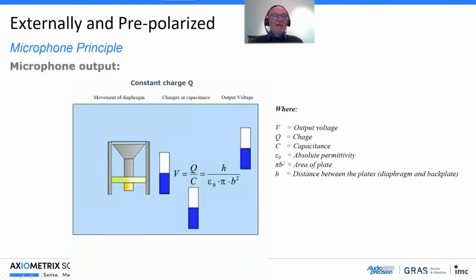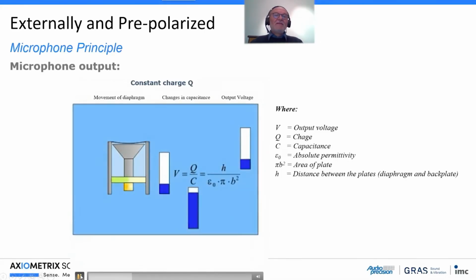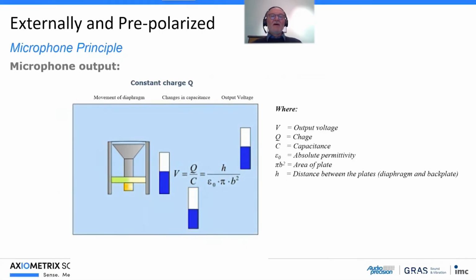If we look at this little video here, it will tell us a little bit about how the microphone is working. If I start it again, we can see that the diaphragm is moving. When the diaphragm is moving, the capacitor will change its capacitance, because the distance between the two plates changes.